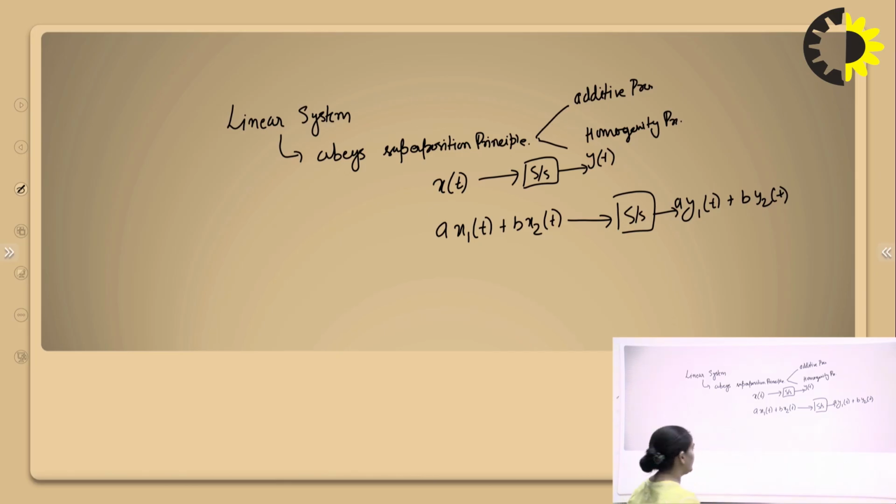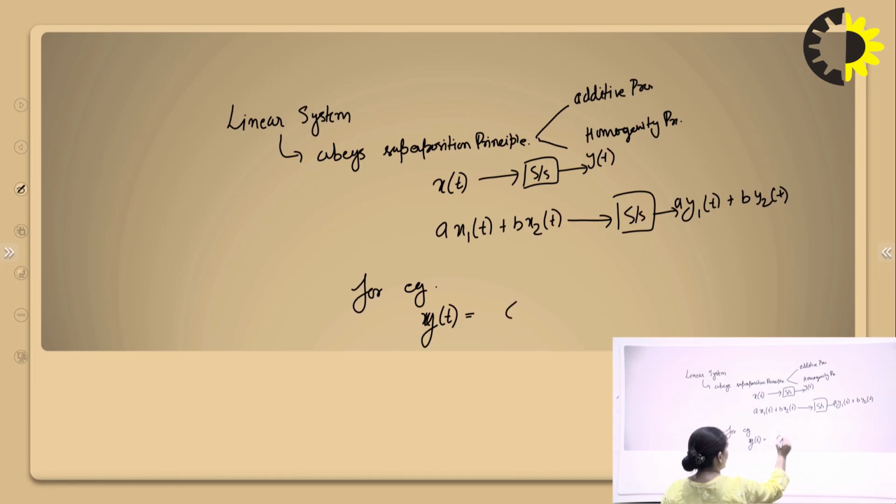Now let's take an example. Suppose y(t) is given as x(t) into cos t.